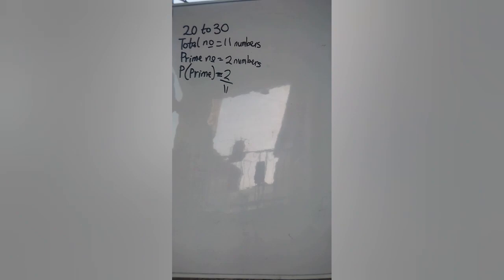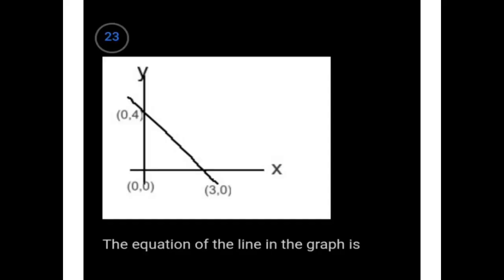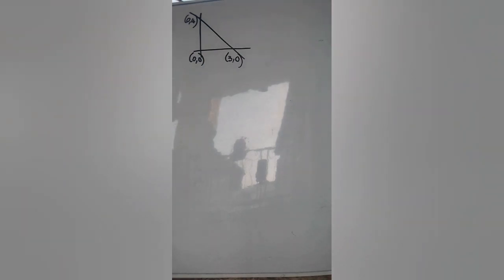That's all. Number 23. The equation of the line in this graph is... We are asked to find the equation with these points here. Okay, so y2 is equal to 0, y1 is equal to 4, x2 is equal to 3, and x1 is equal to 0.